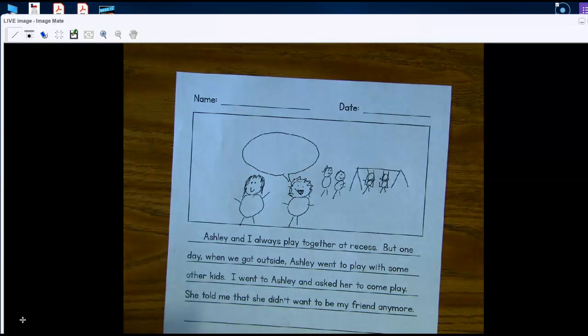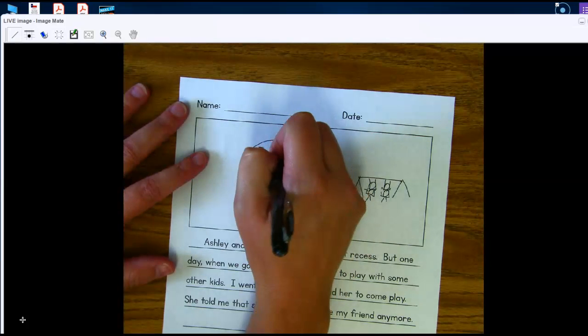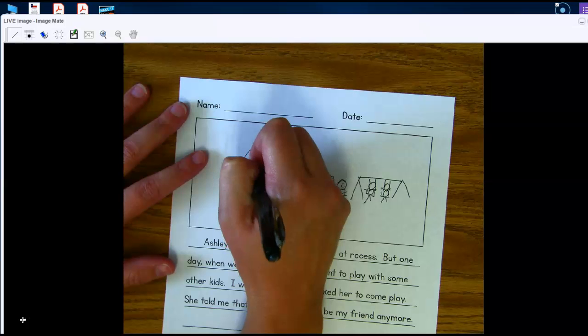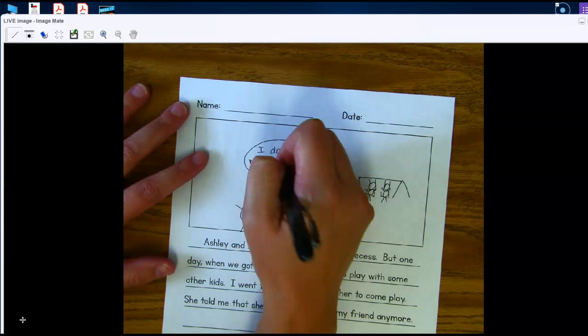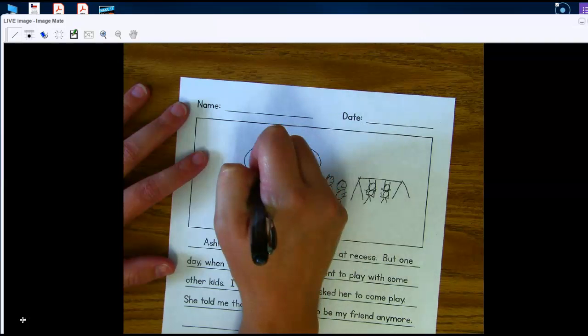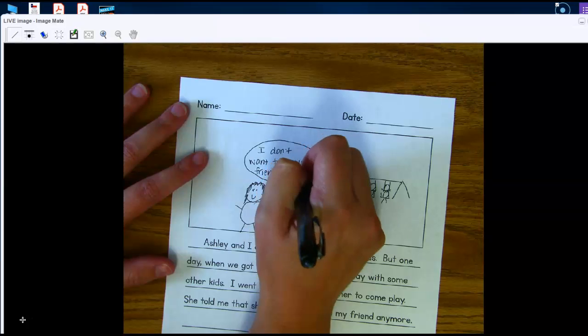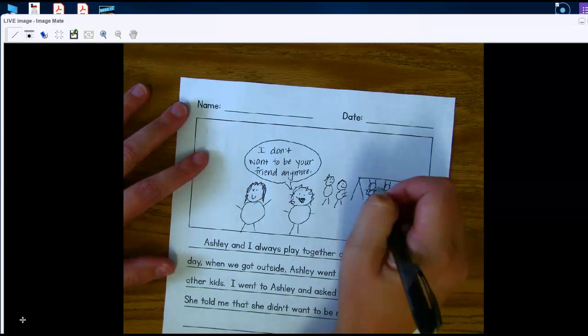And what do I need to write in that speech bubble, Blaze? "I don't want to be your friend anymore." Okay.